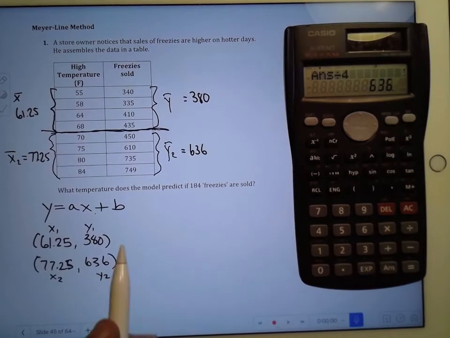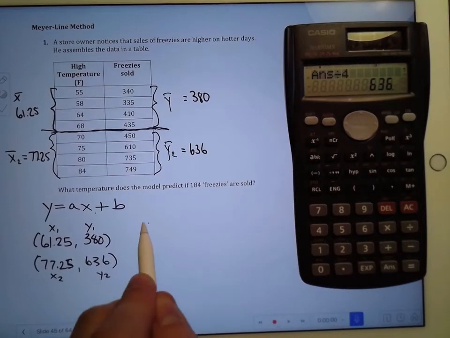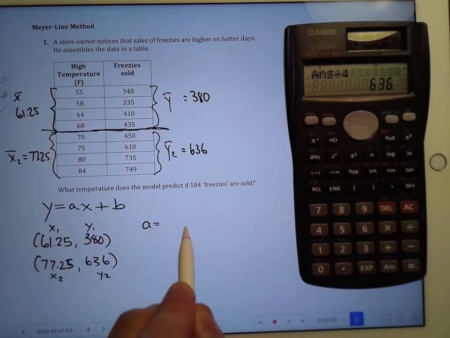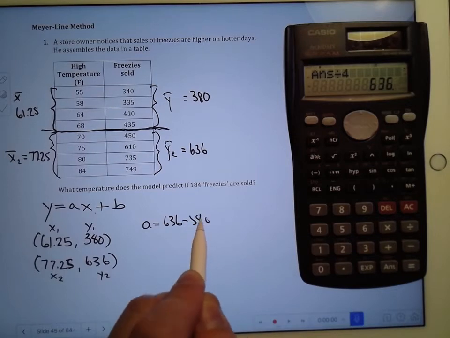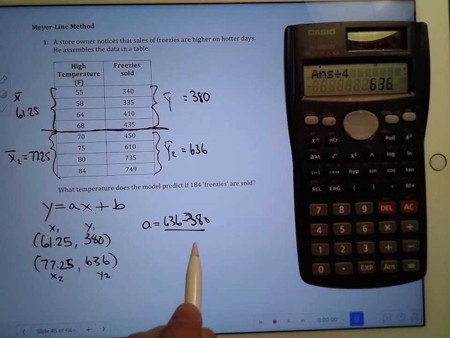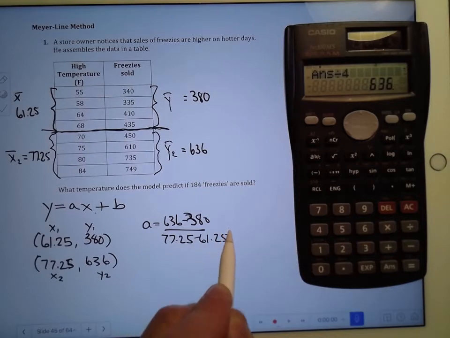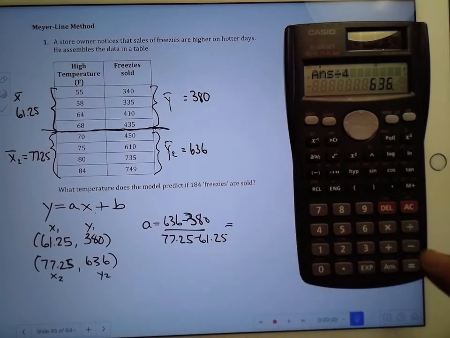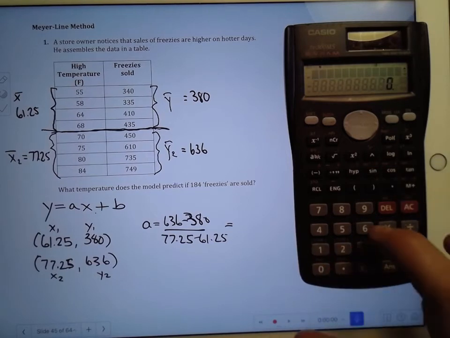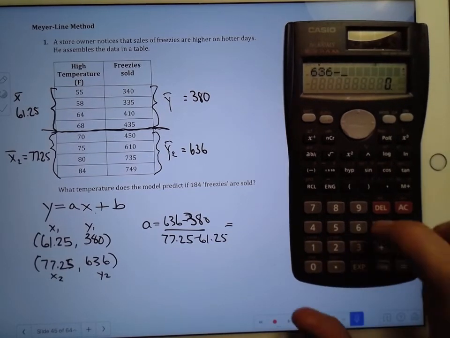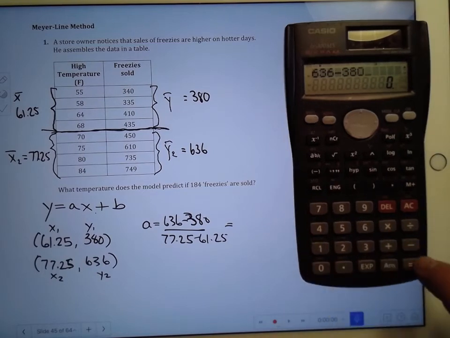So all we do now is calculate our A. A is going to be equal to y2 minus y1, 636 minus 380, over x2 minus x1, 77.25 minus 61.25. 636 minus 380 is 256.